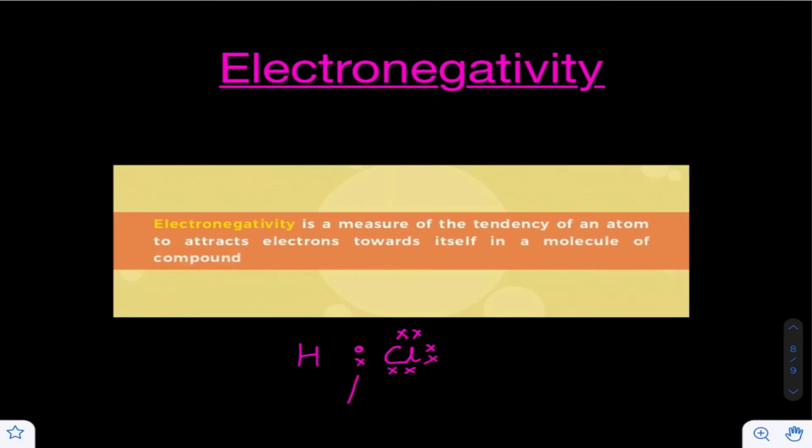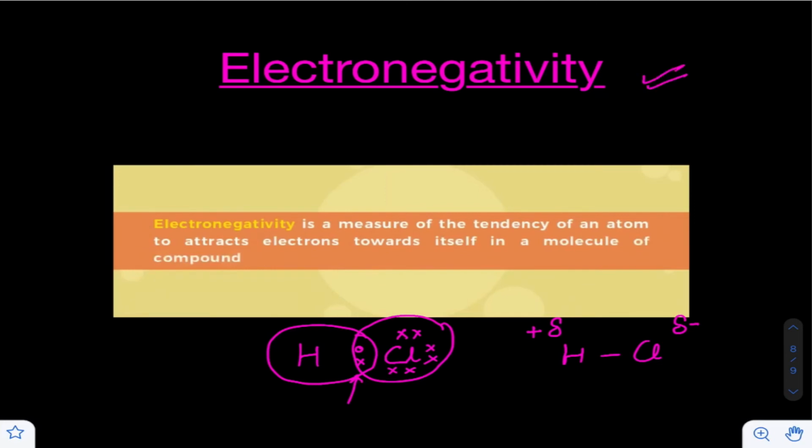So this pair will be closer to chlorine because chlorine is more electronegative than hydrogen. So chlorine will acquire a partial negative sign, and hydrogen will have a partial positive sign. Why partial sign? Because chlorine has not gained hydrogen's electron. It has just shifted that electron towards itself. So this property is called electronegativity.